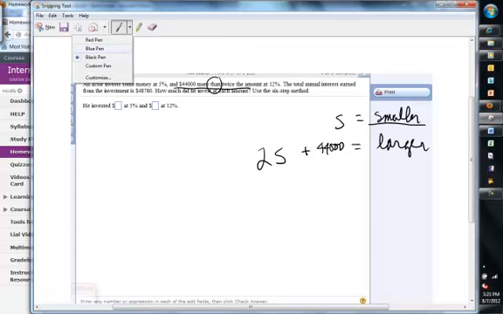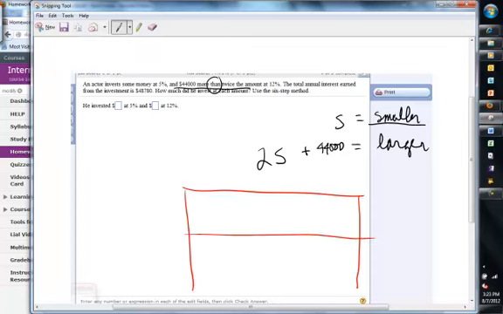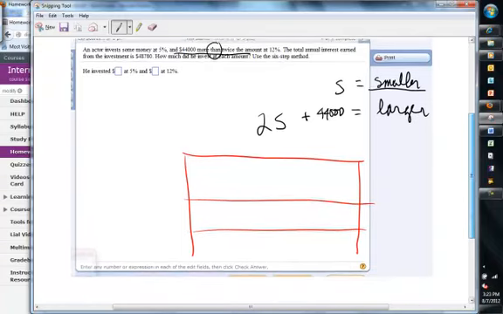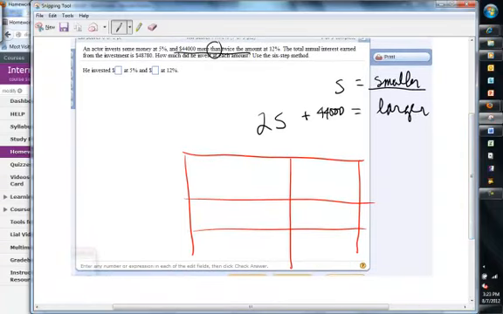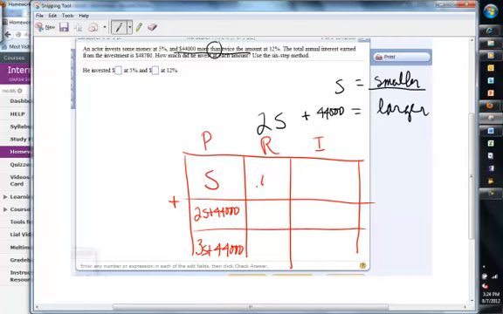Now we can make our 3x3 chart, where we've got principal, rate, interest. S is the smaller, 2S plus 44,000. So this would be 3S plus 44,000, right? If you add going down. The rate of this first one is 0.05.